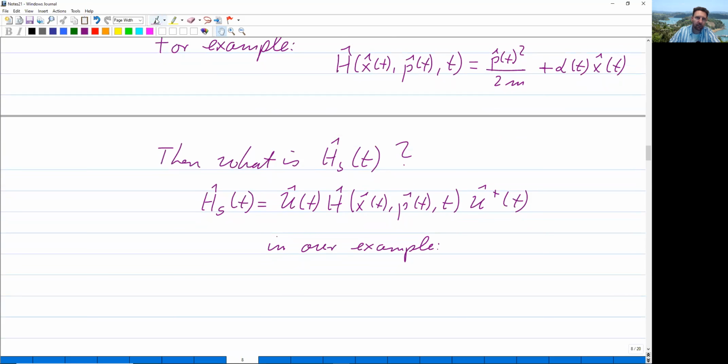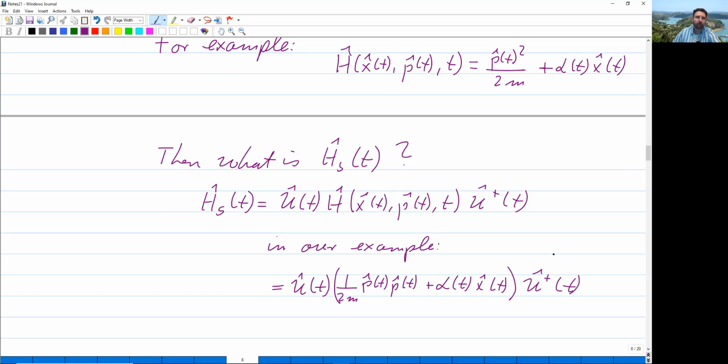Well, so in the example, this is then u hat of t, and then let me spell out a little bit more carefully what we are dealing with. 1 over 2m, and then it's the p hat of t, p hat of t, plus alpha of t, x hat of t, and that multiplied with u hat dagger of t.